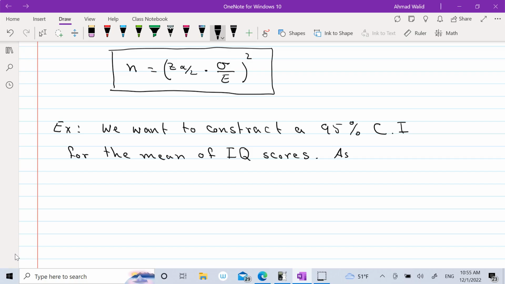Assume population standard deviation is 15.